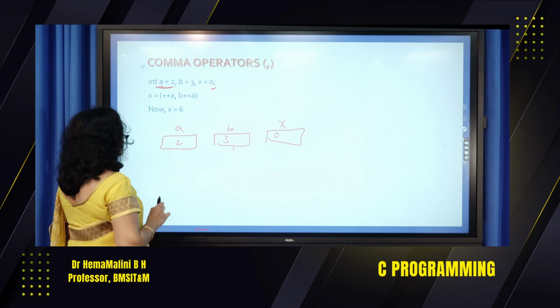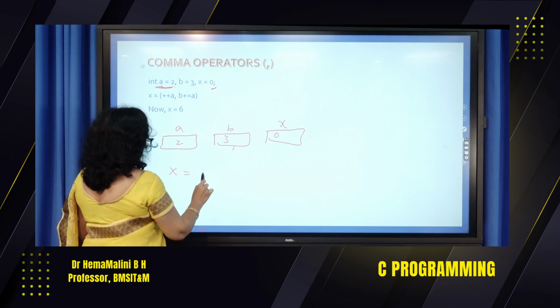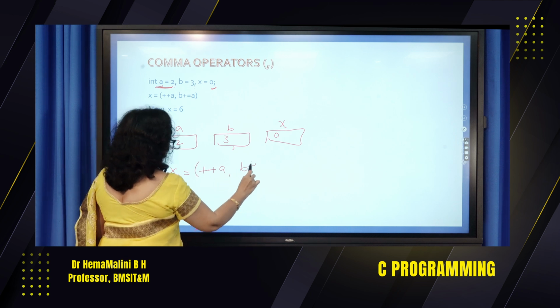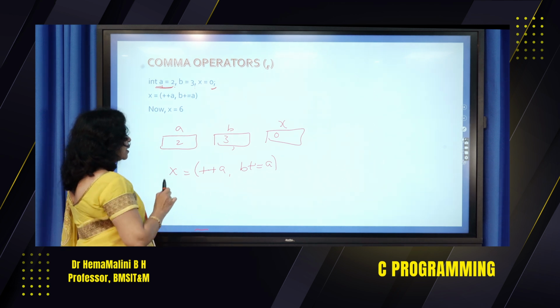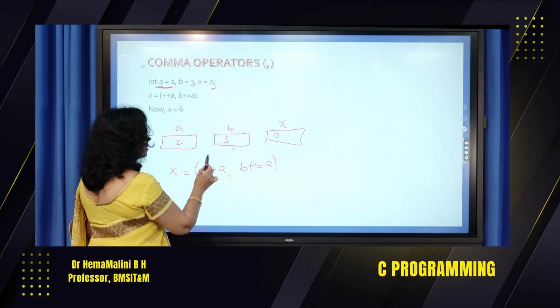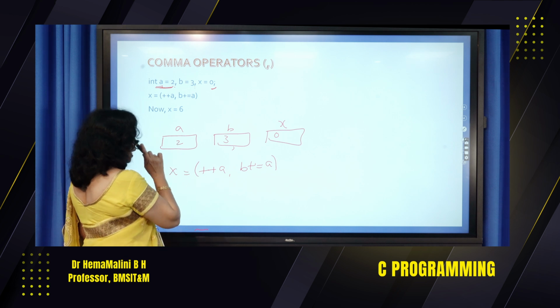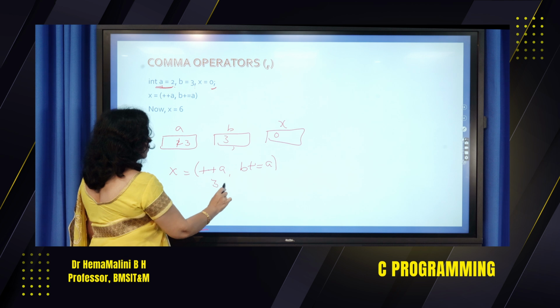Now, let us see one example here. x equal to plus plus A, comma, B plus equal to A. So what is x going to get? First, we will increment A. A is actually 2, this A becomes 3.